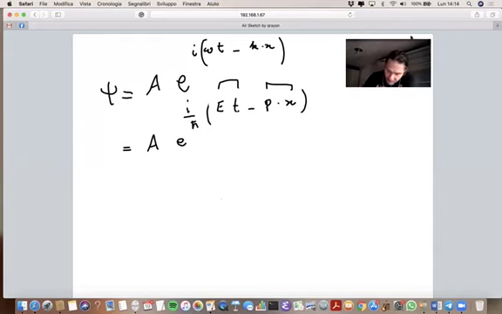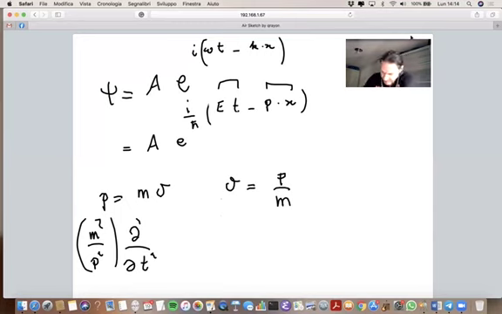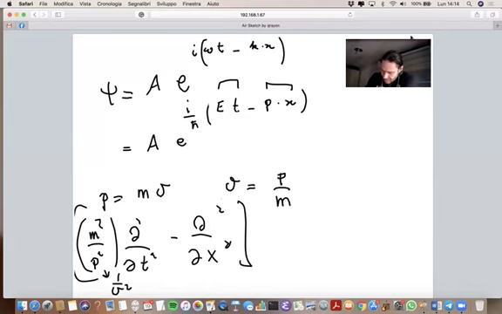So if I assume that P is actually the physical momentum, then I know the velocity of the wave should be P divided by mass. So what happens if I take the double derivative with respect to time, divide by P squared over m squared, which is essentially 1 over P squared, and then take the derivative with respect to x squared of my function psi?